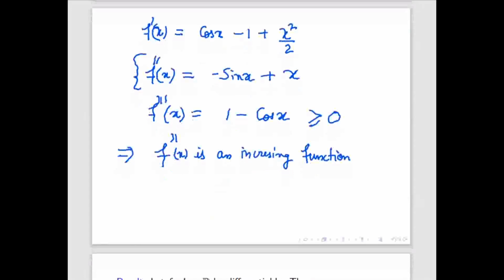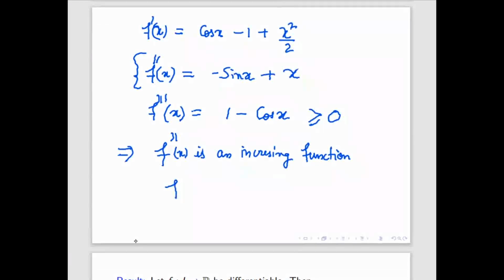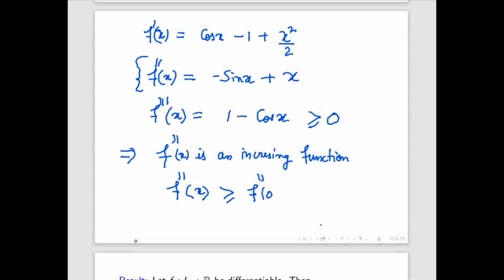So can I say that this f double dash x value will always be greater than or equal to 0 in the interval x belongs to 0 to pi by 2?